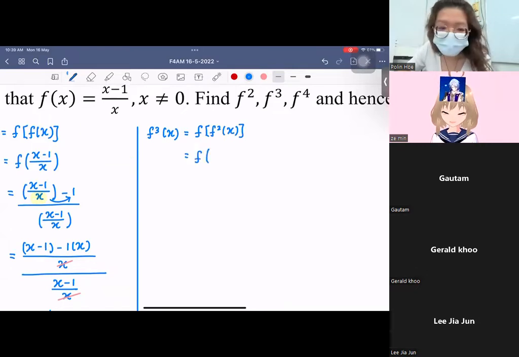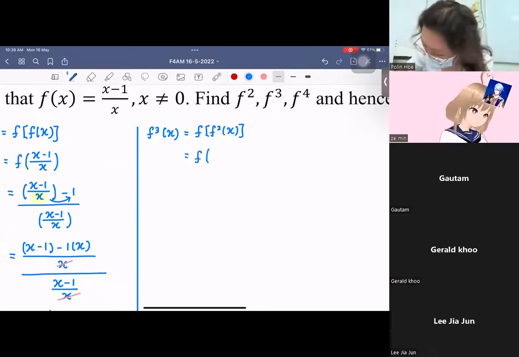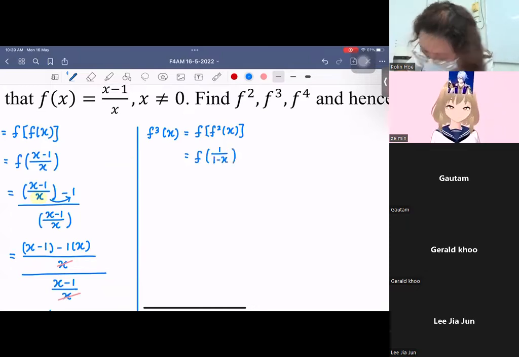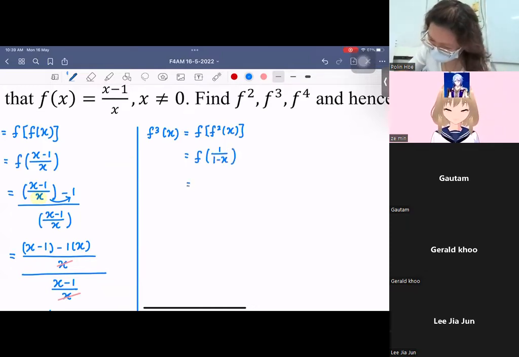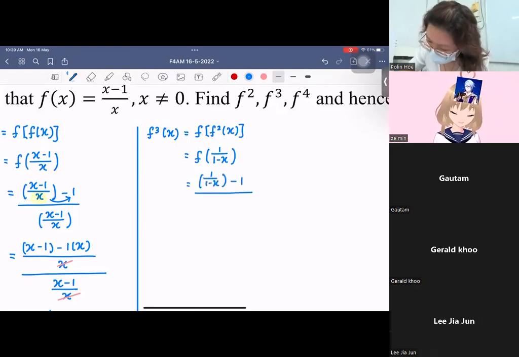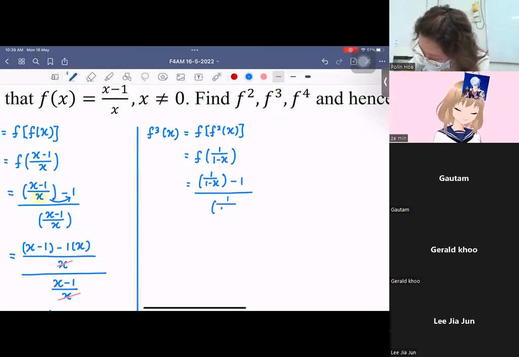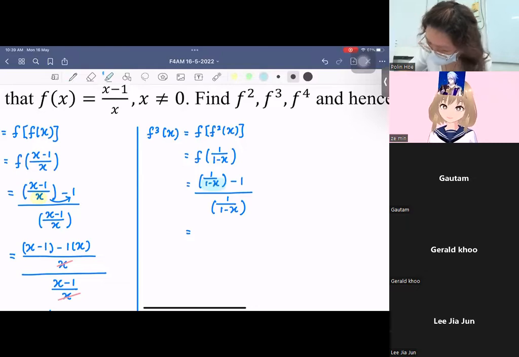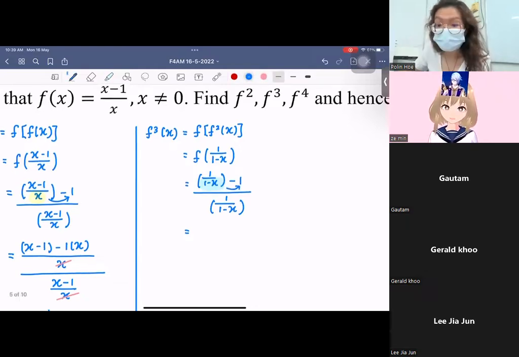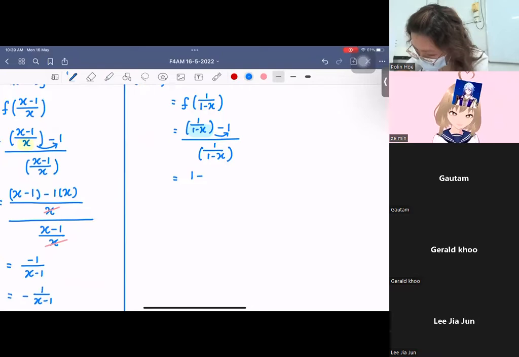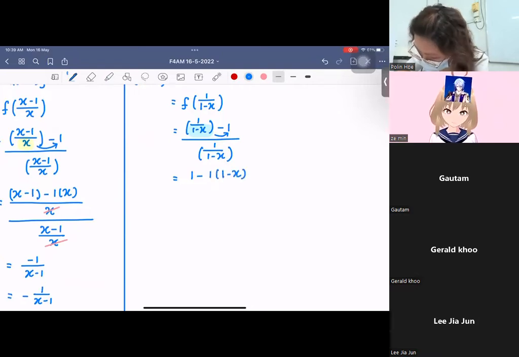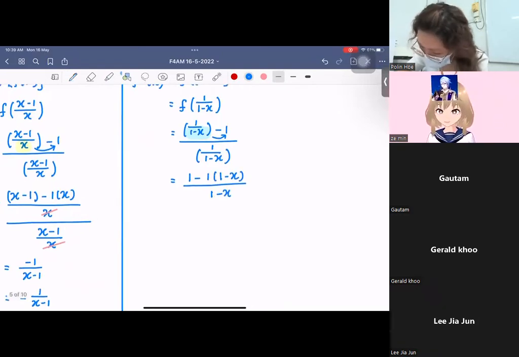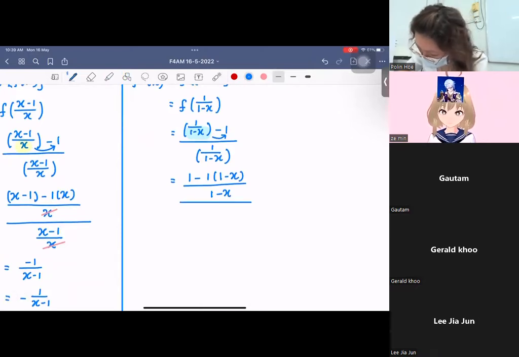This is 1 over 1 plus x, and 1 minus x. x minus 1 over x. Multiply this up. 1 minus something over 1 minus x. 1 over 1 minus x.